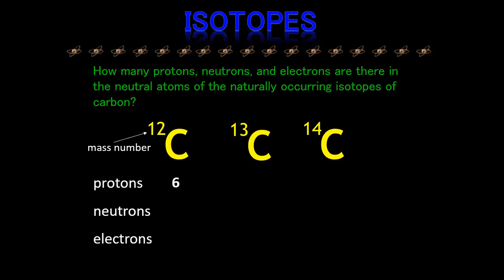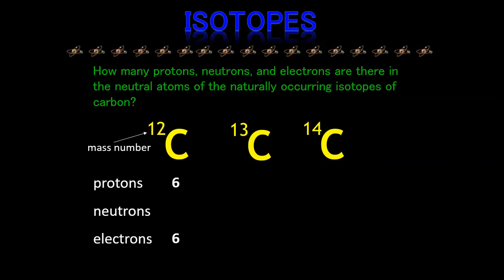So every carbon atom has 6 protons in its nucleus, regardless of which isotope it is. For a neutral atom, the number of protons is equal to the number of electrons, so the number of electrons is 6.